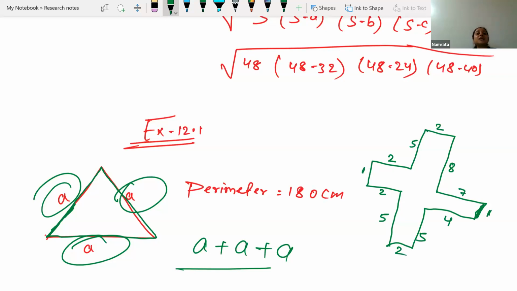So what is the perimeter of this shape? Even though this shape looks weird and random, you can find the perimeter just by adding all the sides, because you are walking along the boundary only.